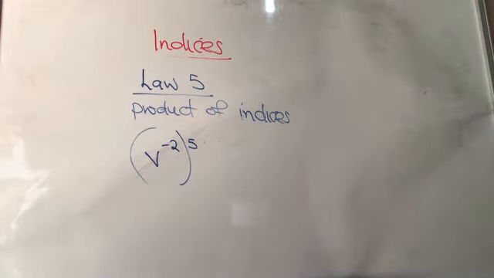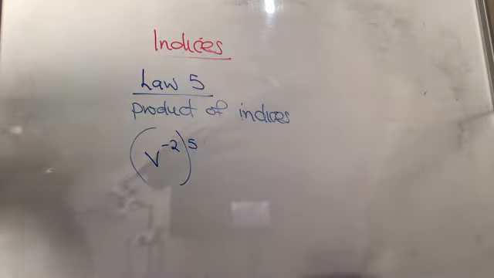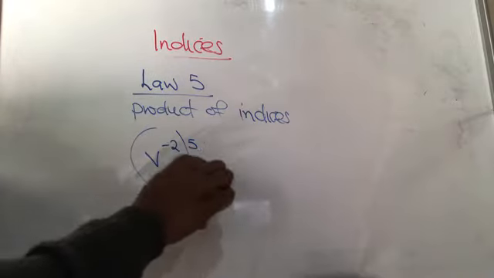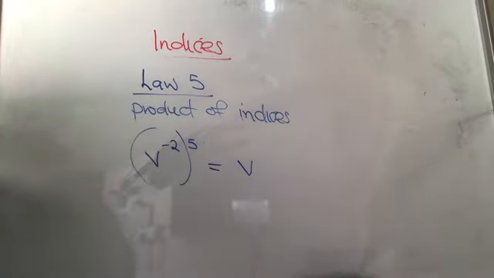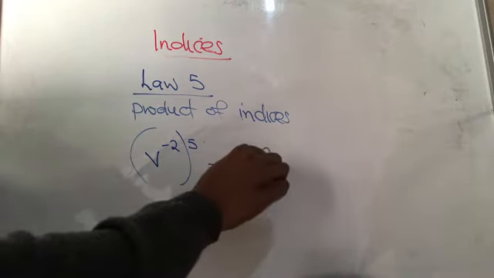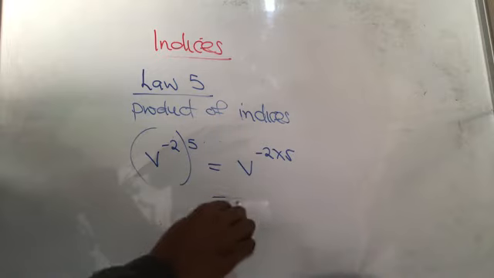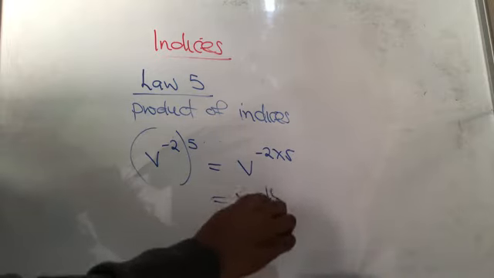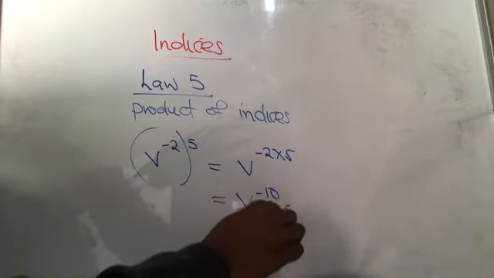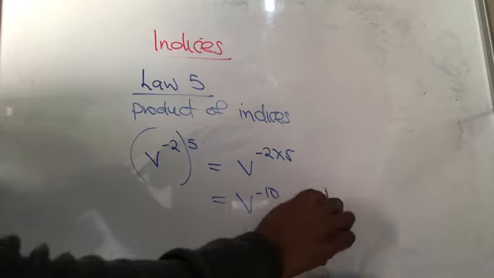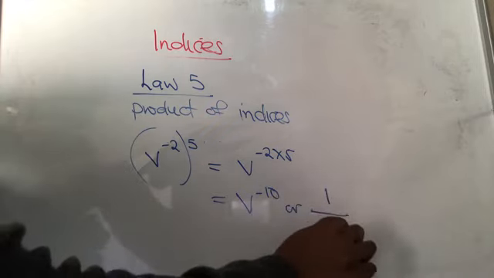How do you deal with this? Number 1, you leave your base, remember I said normally they give you just a single base. Then the power, minus 2 multiplied by 5. The answer is v to the power minus 10. Alright? Or 1 over v to the power of 10.